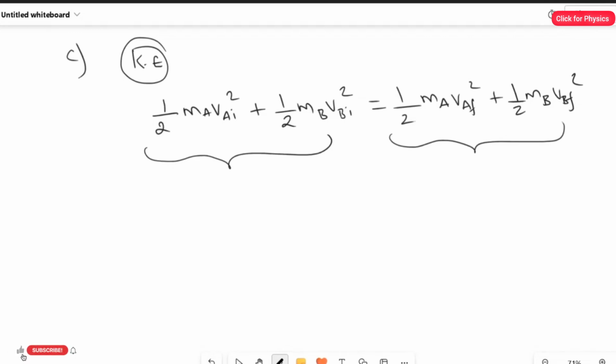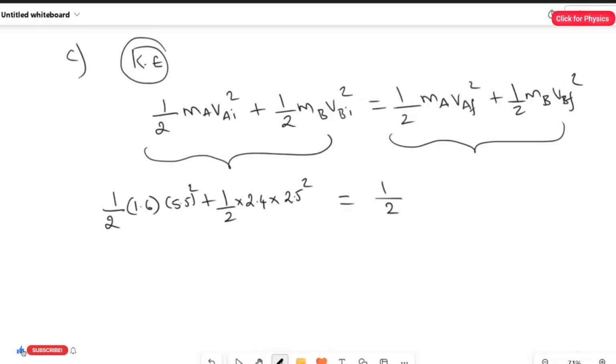So I'm going to substitute the values here. Half, the mass A value is 1.6, and then VAI, which is 5.5, right? So 5.5 square plus half multiplied by the mass of block B, which is 2.4, multiplied by VBI, which is given in the question, 2.5 square.